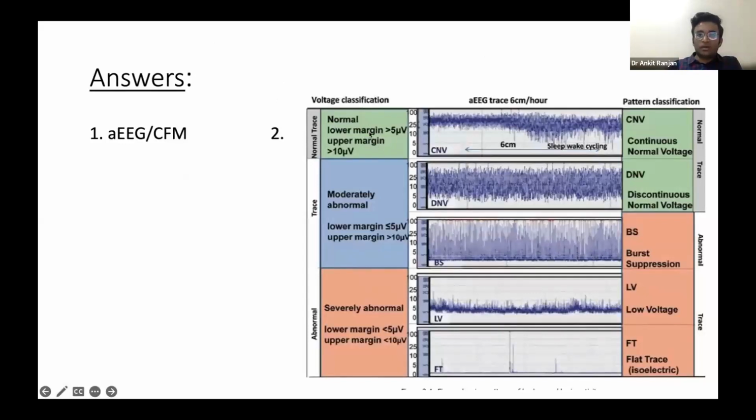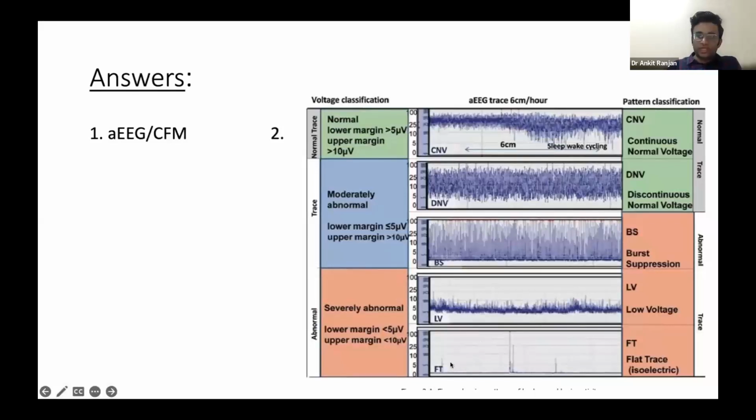All these patterns are determined by the lower margin and upper margin. If the lower margin is more than 5 and upper margin more than 10, it would be classified as normal. Moderately abnormal if the upper margin is more than 10 and lower margin is less than 5. And severely abnormal if both the margins are less than 10 and less than 5.